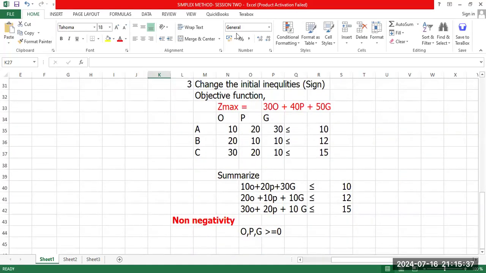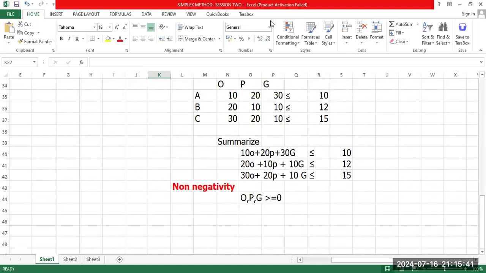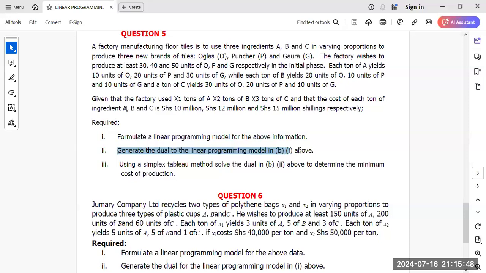Any question about your problem? We have actually answered this one. And Roman 3, they are saying use simplex method to solve your problem. You are not solving Roman 1, you are solving Roman 2.